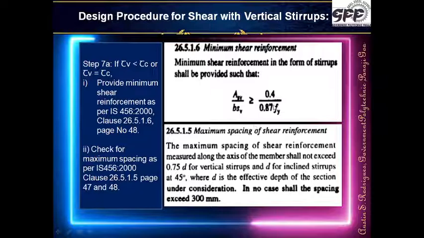This is what we have already seen earlier. So provide minimum shear reinforcement as per this clause, and then provide the maximum spacing as per this. So whatever is the minimum spacing we are getting from here and here, that is the one we are going to use for design.